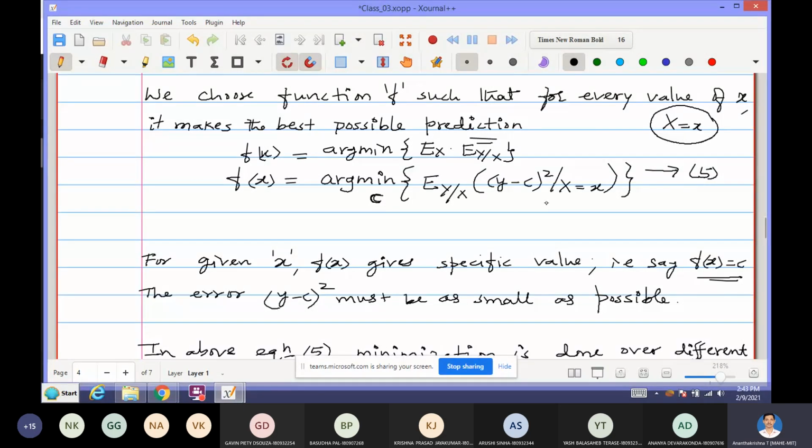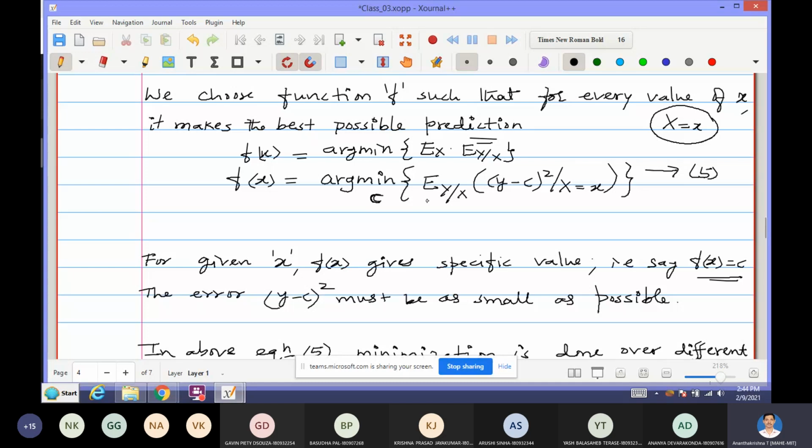So we pick that value of c which gives the smallest error. There may be different scenarios in which, for different values of x, it gives a c as output, and you choose that value of c which gives the smallest error. I hope that is clear as the argument function.